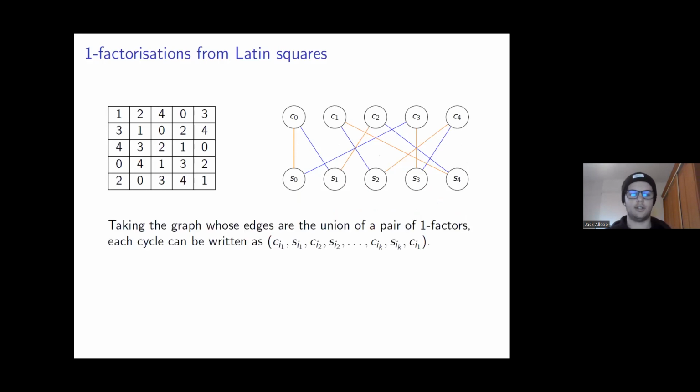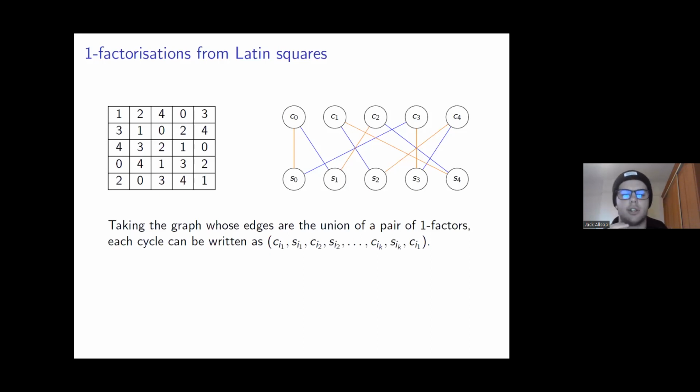And the reason for this is, suppose that we've gone through this procedure and we have a one factorization of K_n,n. Then consider the graph whose edges are the union of edges in the one factors coming from row i and row j of the Latin square. Then every vertex in this graph has degree 2, so it's going to be the union of cycles.